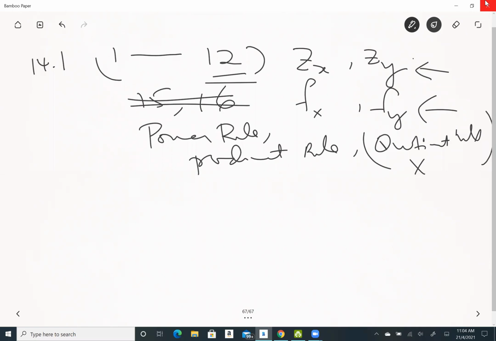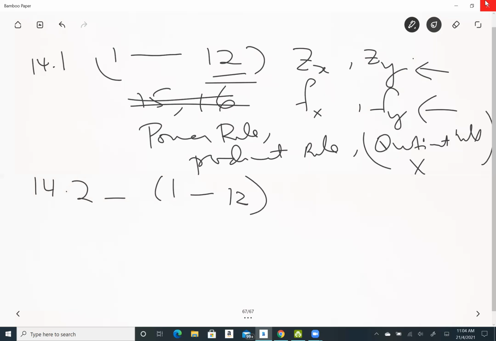Oh, actually, the power rule, the product rule, and the quotient rule, they give you some examples in 14.2. So for 14.2, I'll give you also some questions. These are good questions that you can do the derivative, also 1 up to 12.